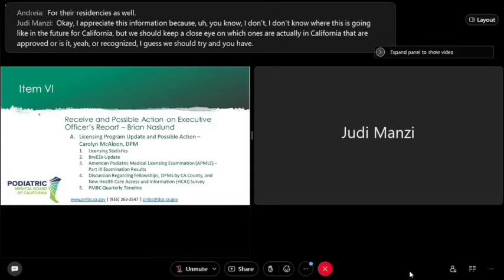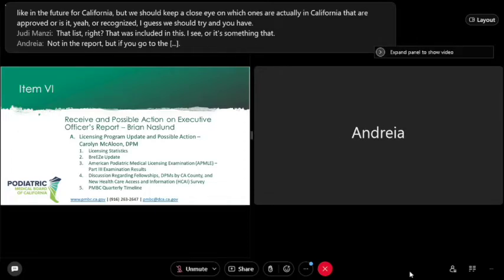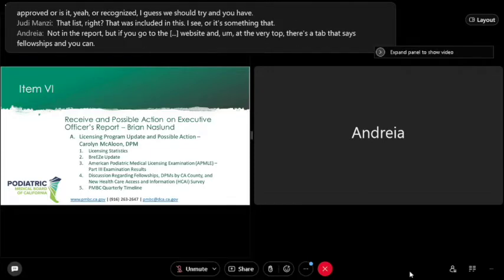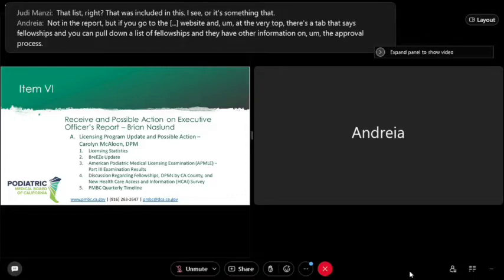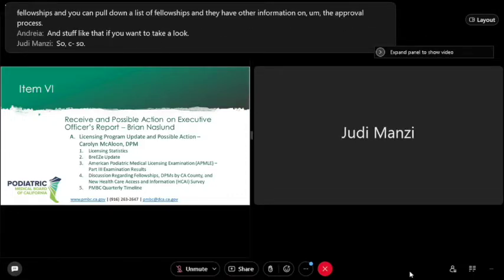It's not in the report, but if you go to the CPME website, at the very top there's a tab that says fellowships, and you can pull down a list of approved fellowships. They have other information on the approval process too if you want to take a look.